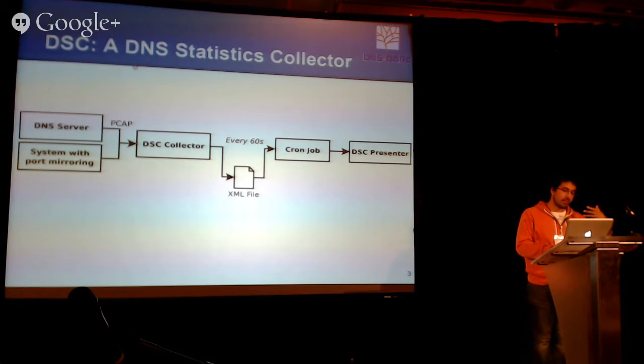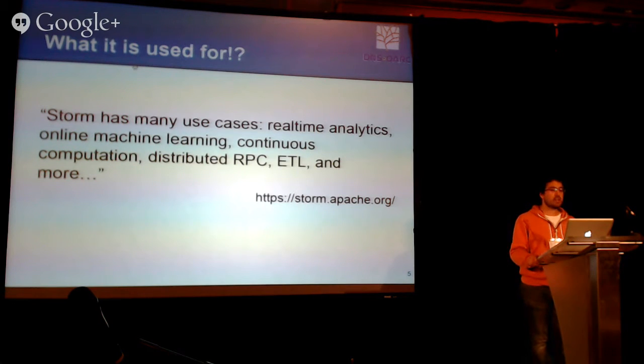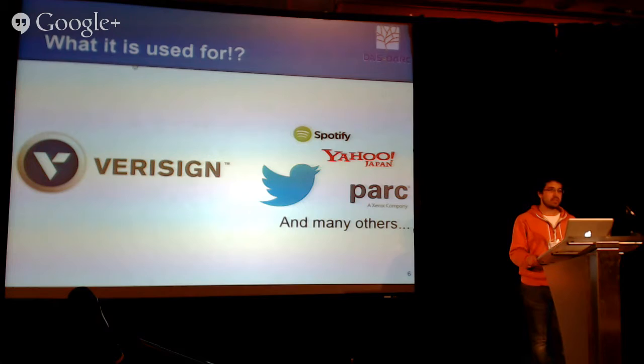Before that, I'm going to give a little description of what Apache Storm is. Apache Storm is a framework developed by Twitter that is used to do real-time computation using distributed systems. It has many use cases such as real-time analytics, online machine learning, continuous computation, etc., and has been used by many companies such as Spotify, Yahoo, Twitter, VeriSign, and many others.